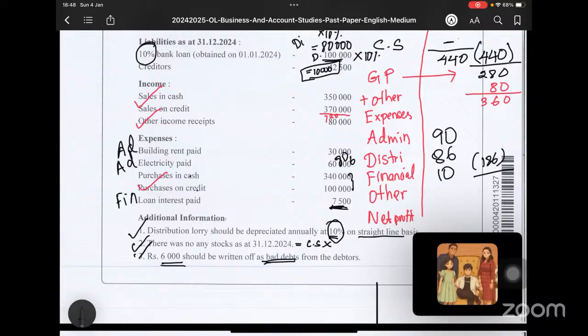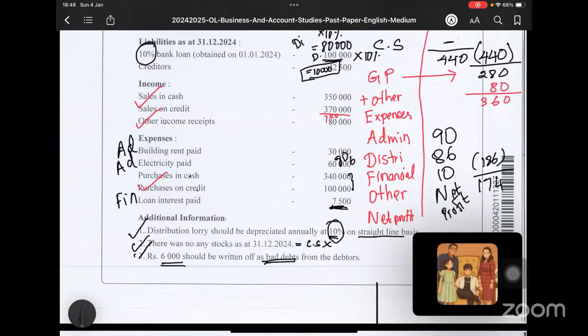And financial, it is 10,000. How? The bank loan amount is 100,000. For that 100,000, 10 percentage will be 10,000. Now you got it? Yes, miss. Okay. So altogether it is 186,000. 174,000 will be the net profit.